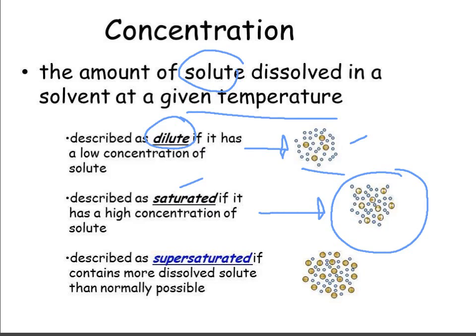Aside from the dilute or diluted solution and the saturated solution, we also have a supersaturated solution. What is a supersaturated solution and why is it different from a dilute and saturated solution? When we talk about a supersaturated solution, we refer to the amount of solute.